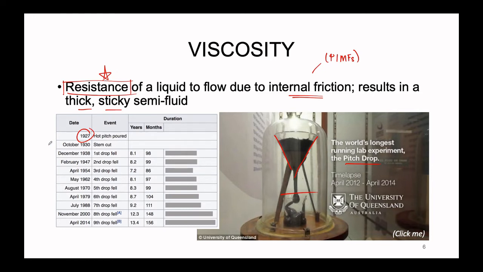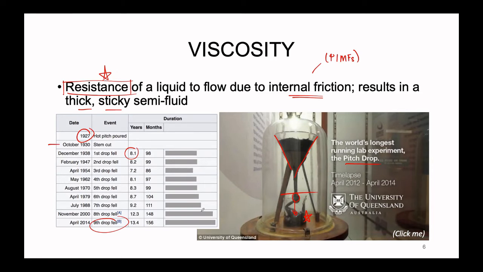The stem was cut in 1930, and it wasn't until 8.1 years later that the first full drop fell. What it means for a drop to fall is not that a drop is forming like this, but rather it falls and it disconnects. It falls into the beaker down below. Since the experiment has started, there have been 9 drops total that have fallen.